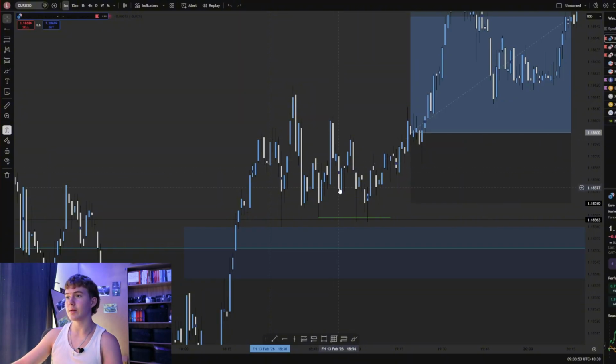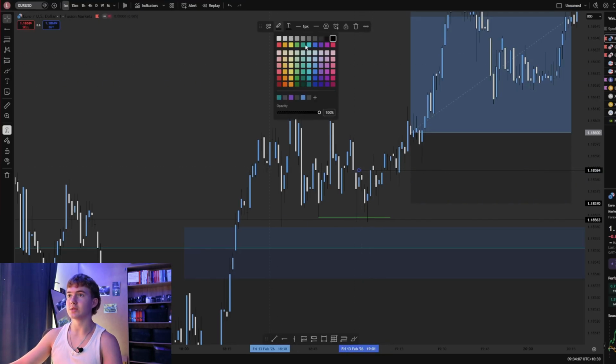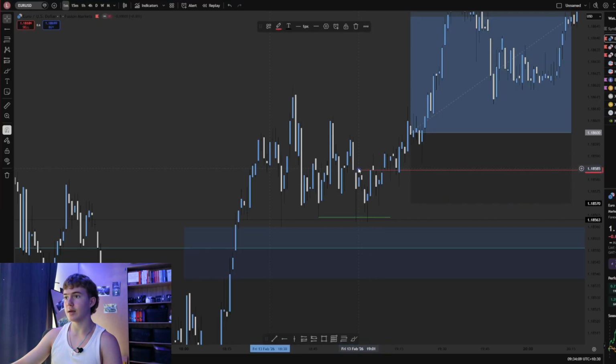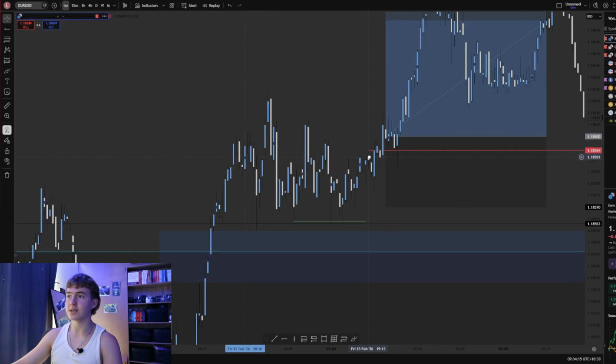Then we get another break structure, I didn't enter there, it came down a bit further, and then we kept closing at highs. We didn't break structure above this high here, and we didn't close above this high either until here.